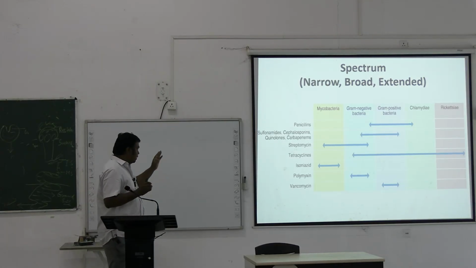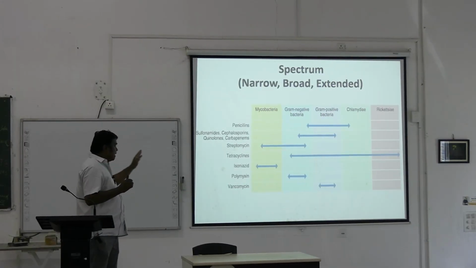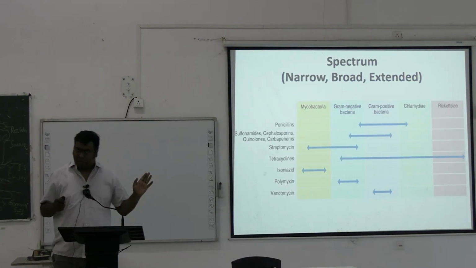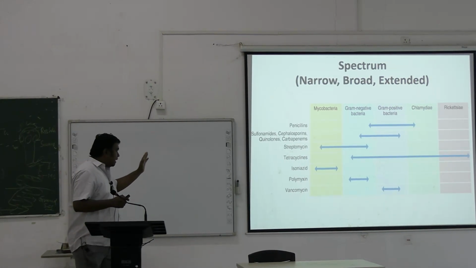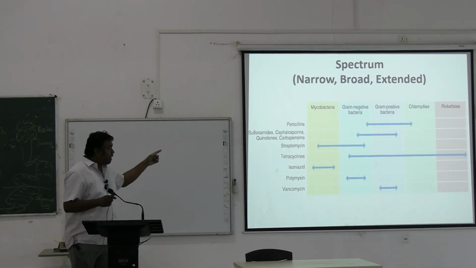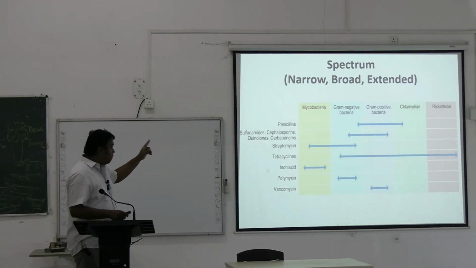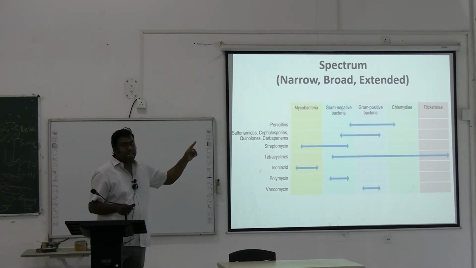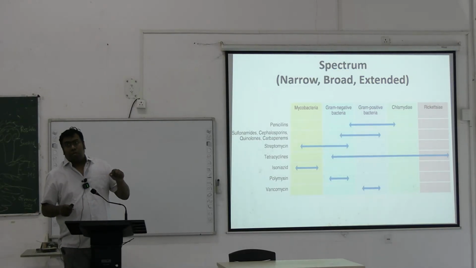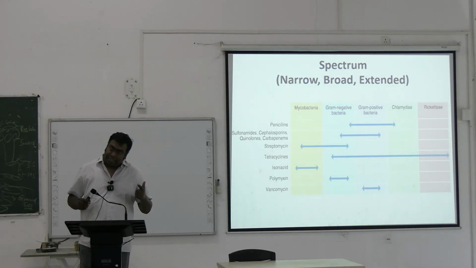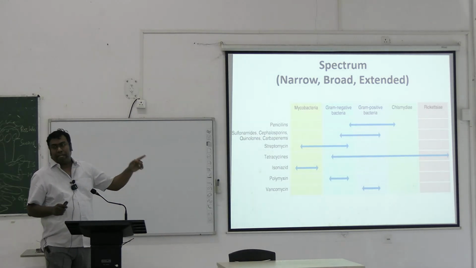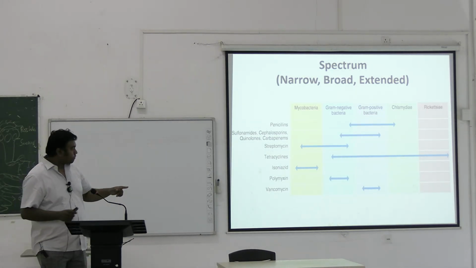Streptomycin is restricted to gram negative and Mycobacterium tuberculosis. Tetracycline is a broad spectrum. It doesn't cover mycobacteria, but gram positive, gram negative, chlamydia and rickettsia are covered by tetracycline. So the broadest spectrum antibiotic is tetracycline.